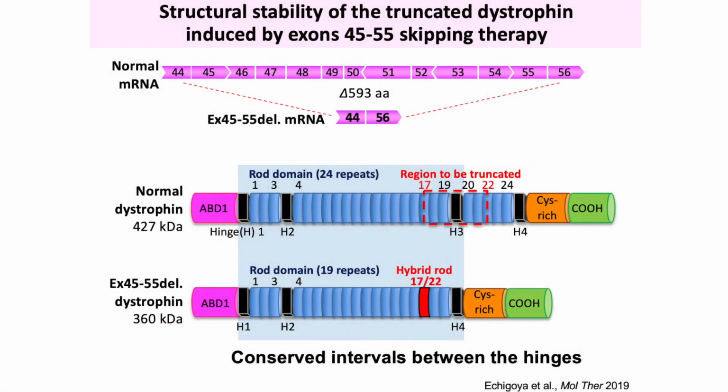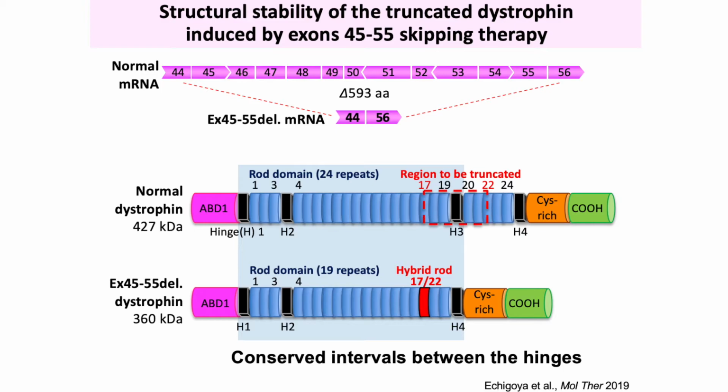There are 24 repeat sequences of the protein here, and part of them are removed, and you will end up with a hybrid broad repeat number 17 and 22. Okay, so this makes a perfect hybrid, and also hinge 3 is also removed. The hinge domain is supposed to give flexibility to the protein, and this part is also removed.